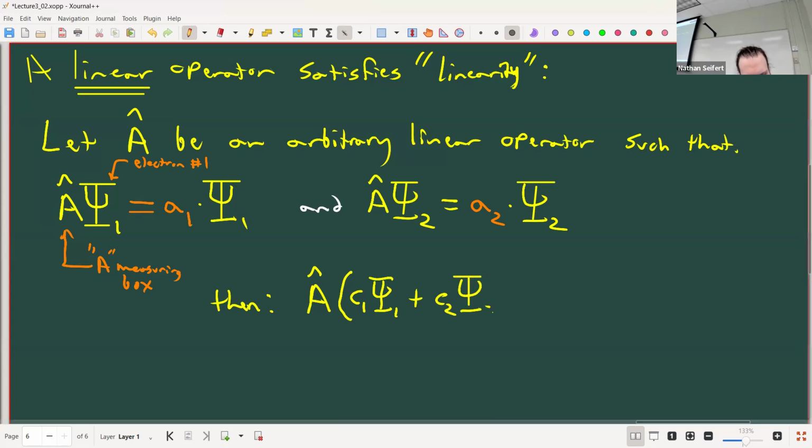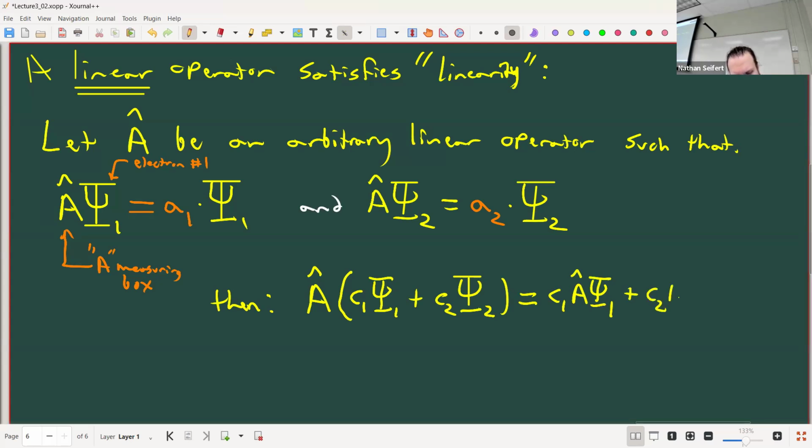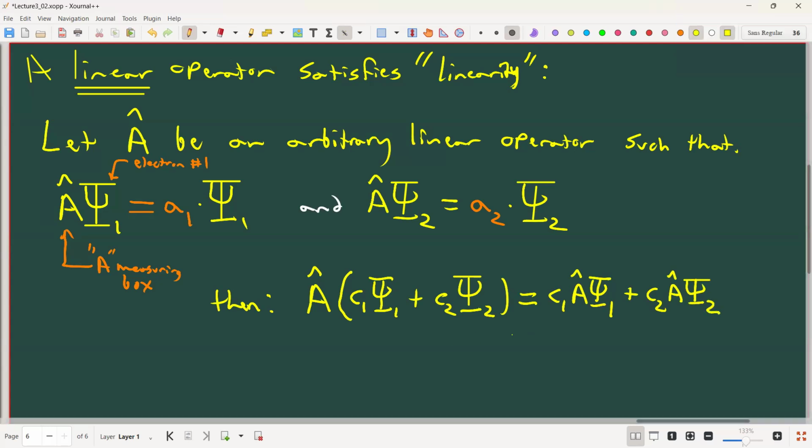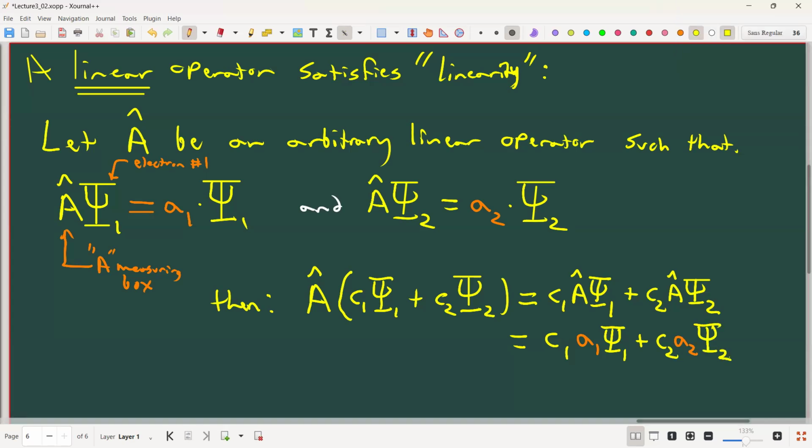Like a white plus black electron, is equal to C1 A applied to psi 1 plus C2 A applied to psi 2, which is just by definition C1 A1 psi 1 plus C2 A2 psi 2. All right, so this is what I mean by linearity.